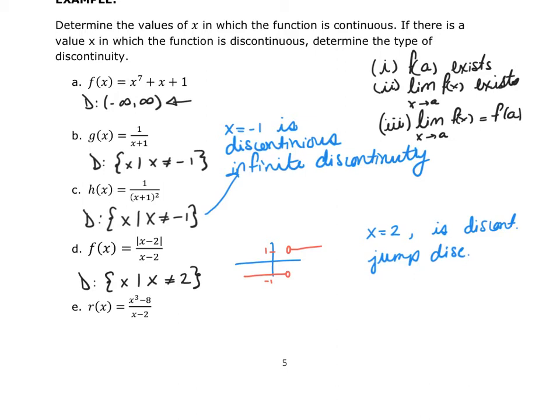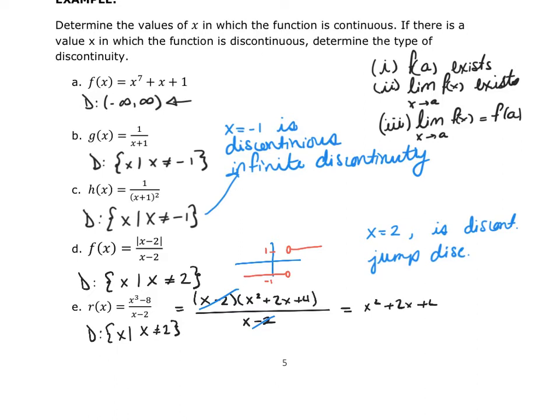So with the last one, I'm again going to determine what my domain is before I do any algebraic cleanup. So x cannot equal 2. And then when we factor this, the numerator is going to factor into x minus 2 times x squared plus 2x plus 4, over x minus 2. These cancel, and I am left with x squared plus 2x plus 4.